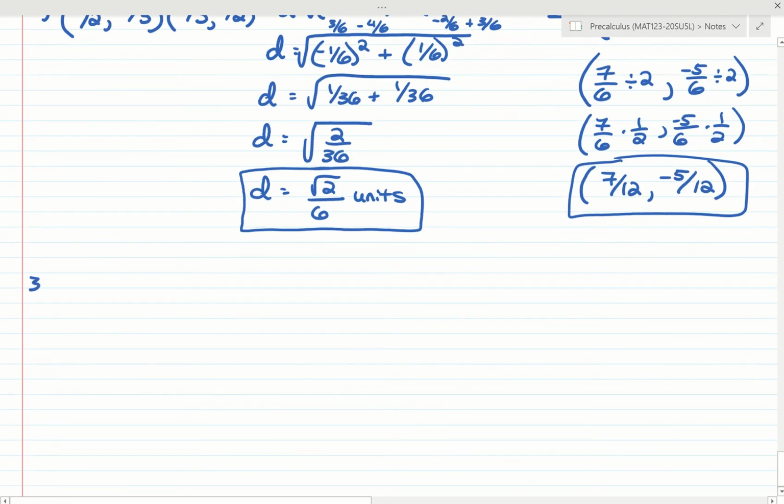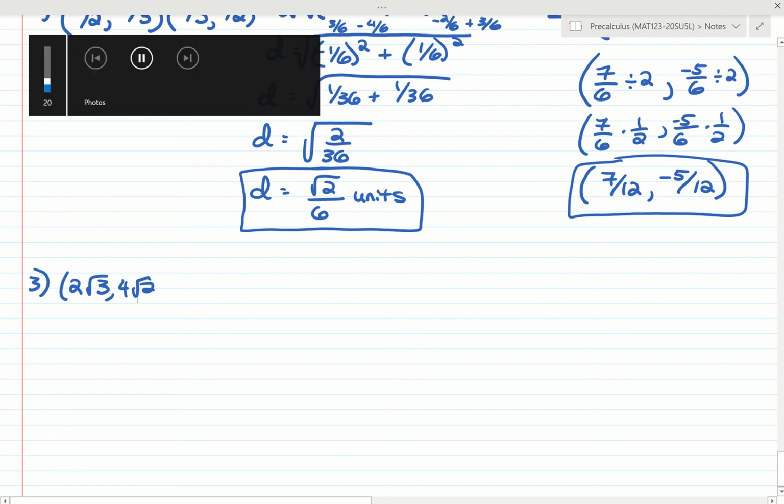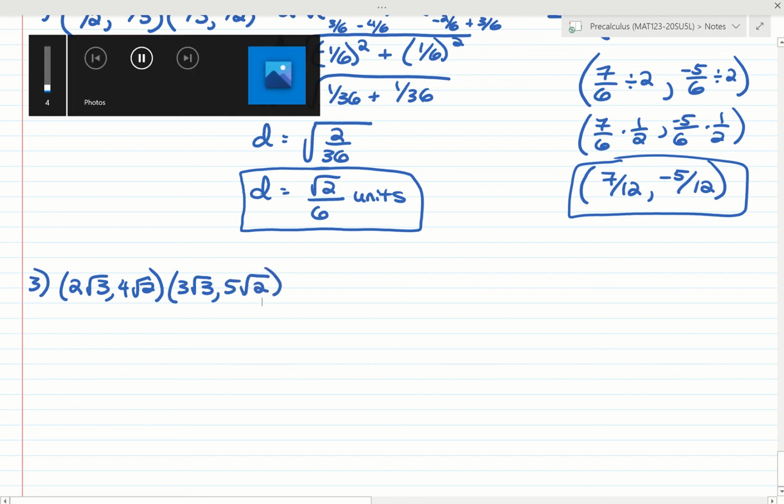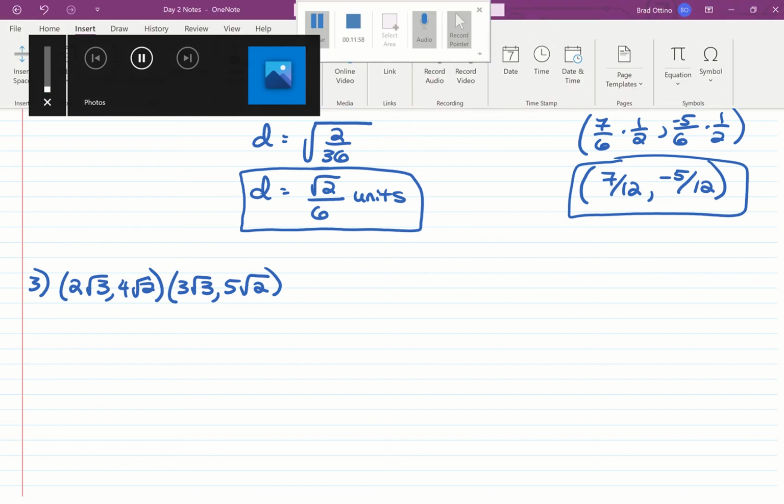Let's do some radicals. Say we had 2 root 3, comma, 4 root 2. And the second point is going to be 3 root 3 and 5 root 2. So I'm just going to do this here.